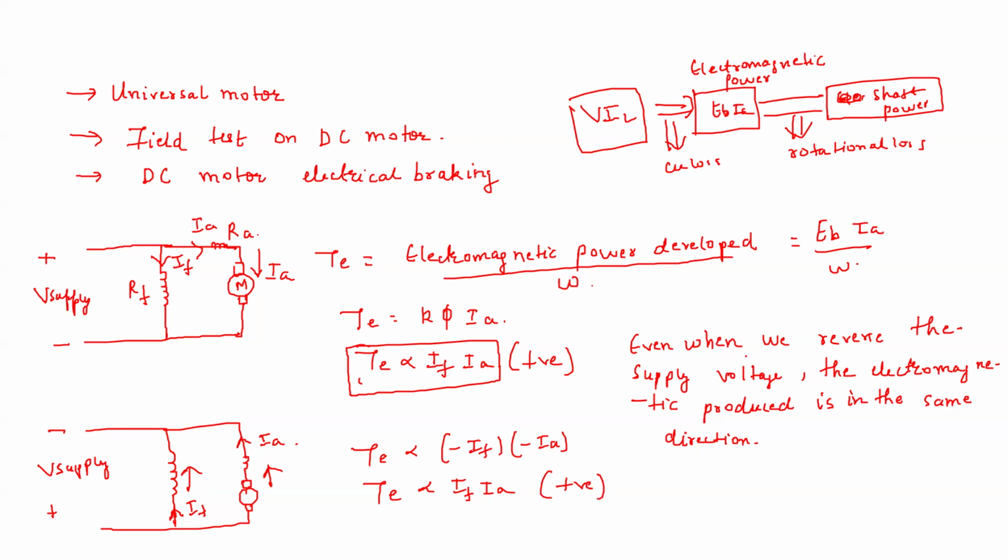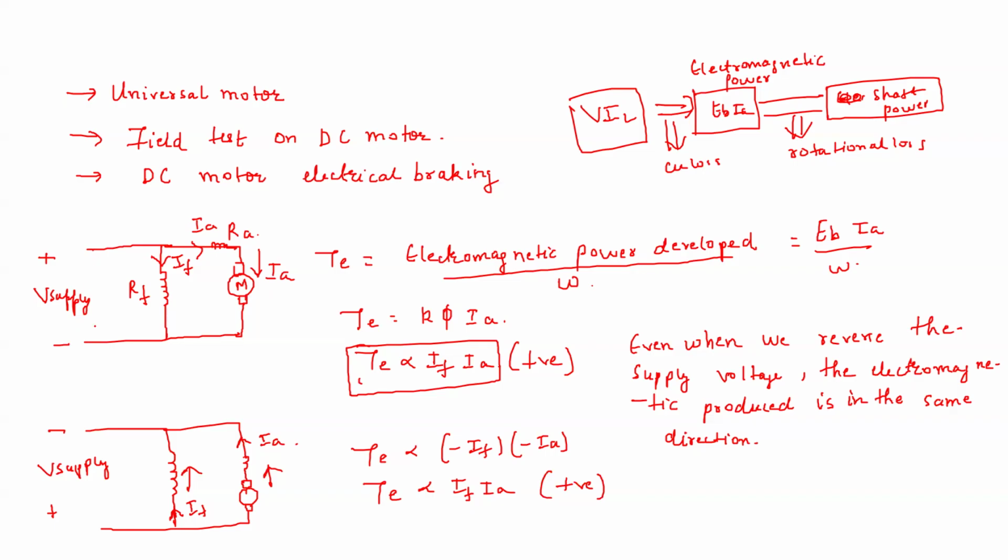So I wrote that even when we reverse the supply voltage from positive to negative, the electromagnetic torque produced is in the same direction. So we can think that, okay, instead of supplying it with a DC supply, we can give an AC supply to this motor. Because the purpose of the motor is to provide electromagnetic torque in one direction, and it is providing the electromagnetic torque in one specific direction. So let me give it an AC voltage.